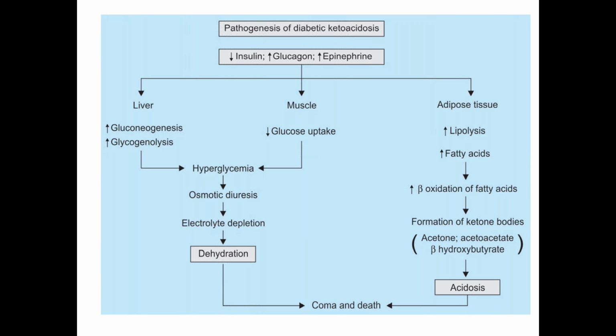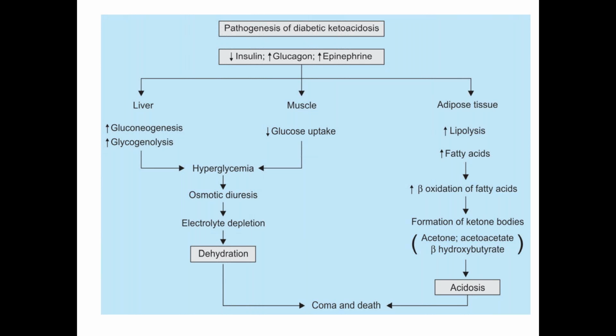So in the absence of adequate utilization of glucose, these fatty acids become the source of energy, and if the fatty acid oxidation is excessive, that means beyond the capacity of the peripheral tissues to utilize the energy, then fatty acids are converted into ketone bodies in the liver. So there is imbalance between the energy production and utilization.